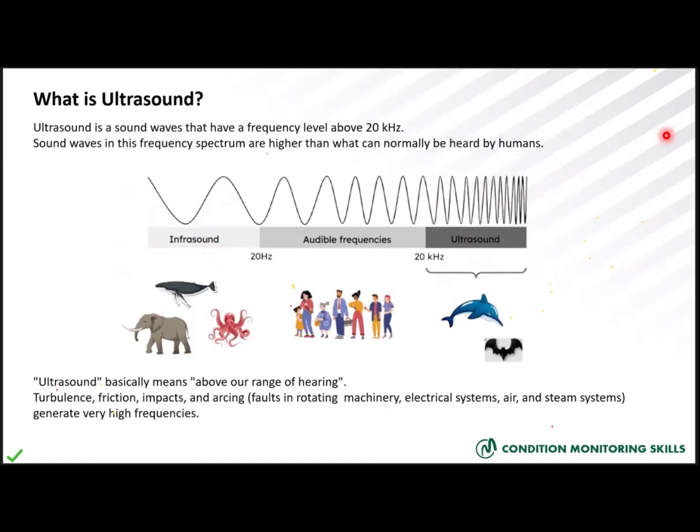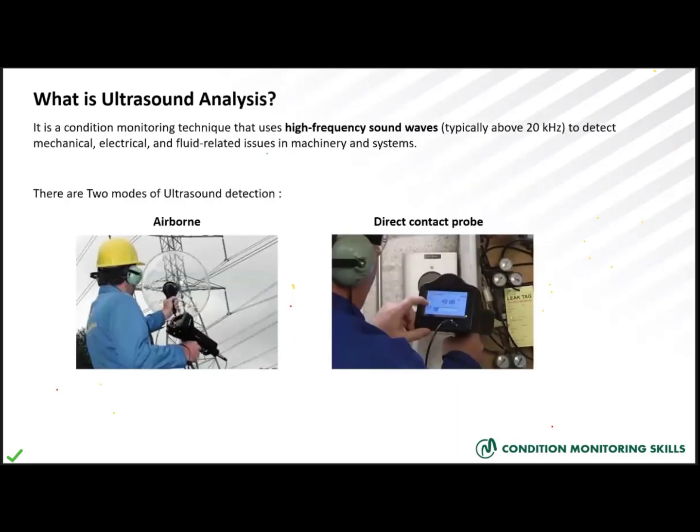All of those generate very high frequencies above our audible range. In order to hear them, we need a device called an ultrasound probe. We use the ultrasound probe to detect those ultrasound waves and analyze them in order to monitor the condition of our equipment.